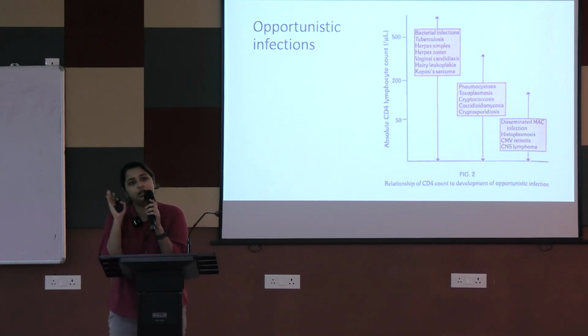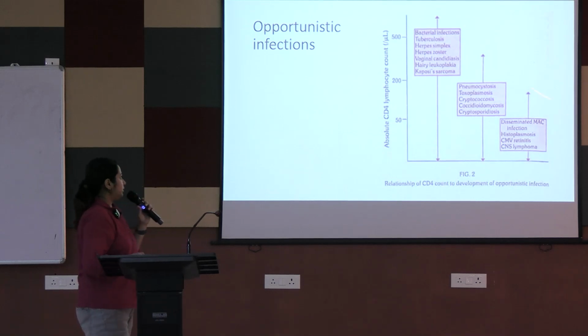There was earlier a cutoff for the AIDS definition that the CD4 count should be less than 200, and only then could we define it as AIDS. Nowadays that definition has been scrapped, and no matter what, if any of the tests is positive and the patient has any one of the symptoms, you start the ART or AIDS treatment. You do not wait for the CD4 count.